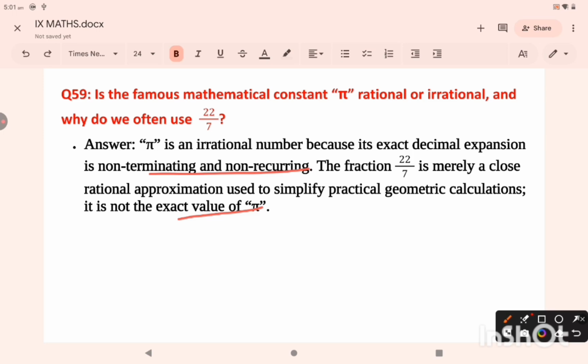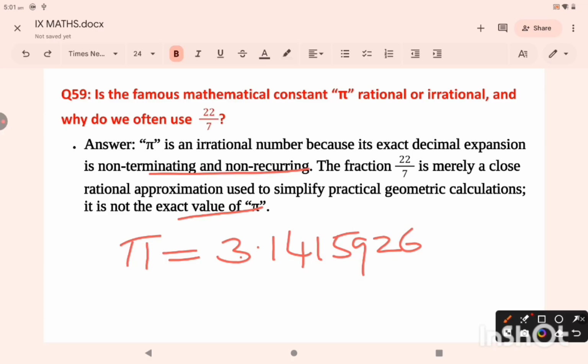The exact value of pi is 3.1415926 and so on.